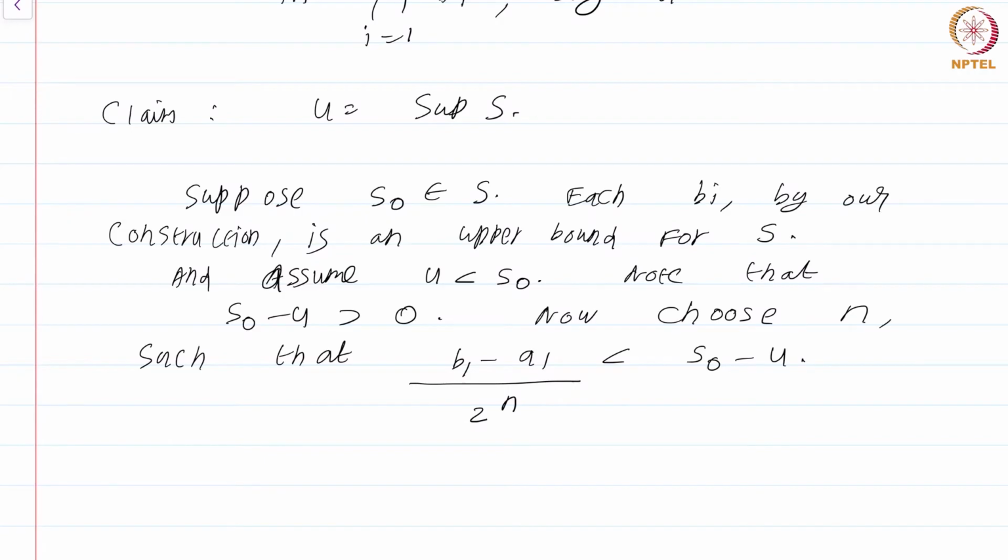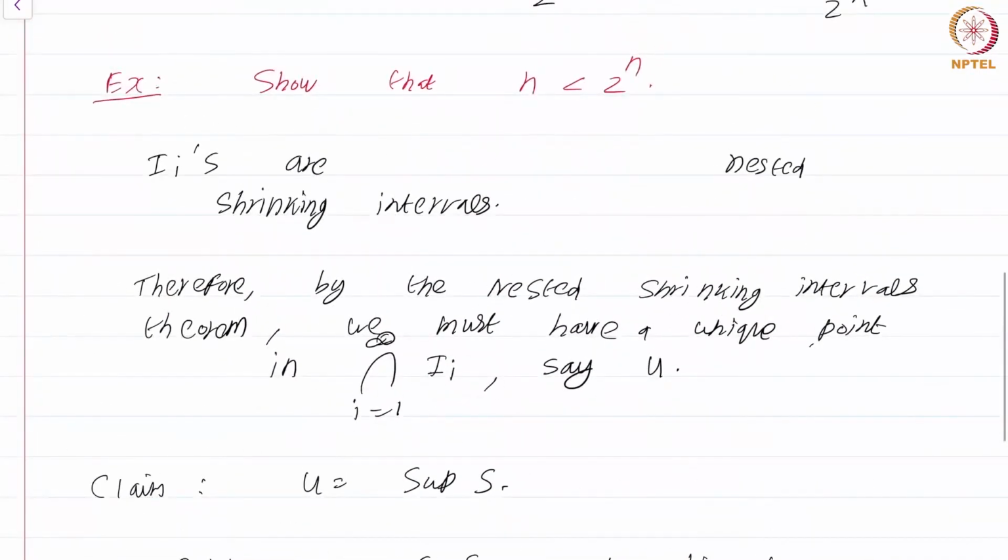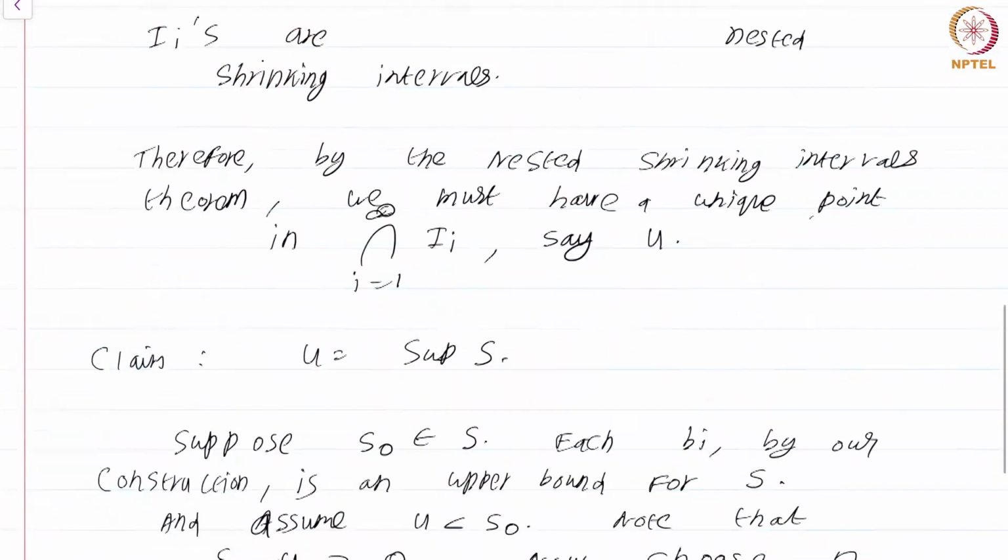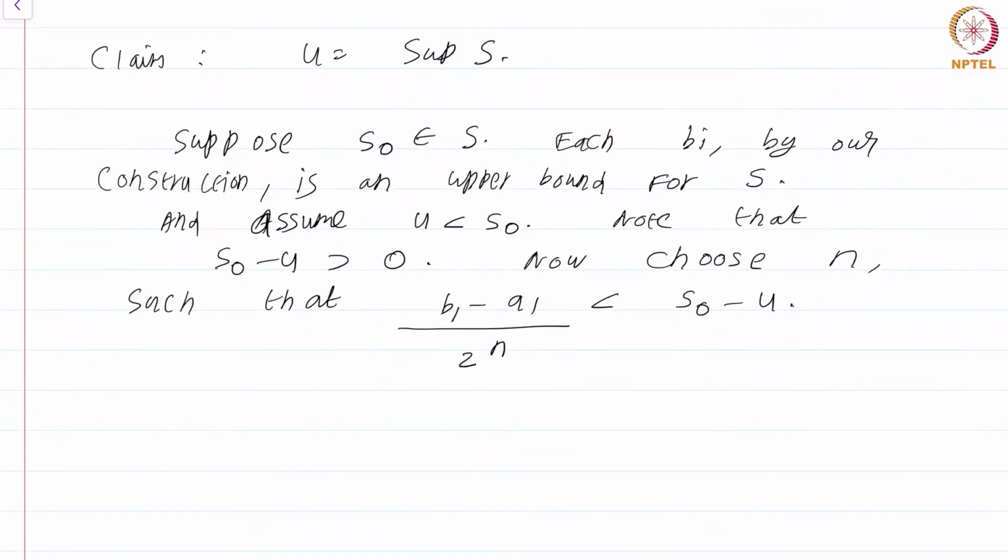Please pause the video. This is a subtle point. Make sure you understand how the Archimedean property comes into the picture here. First of all, the fact that N is less than 2 power N is used, and then you use the Archimedean property to construct N so large that (B1 minus A1) by 2 power N is actually less than s naught minus U.